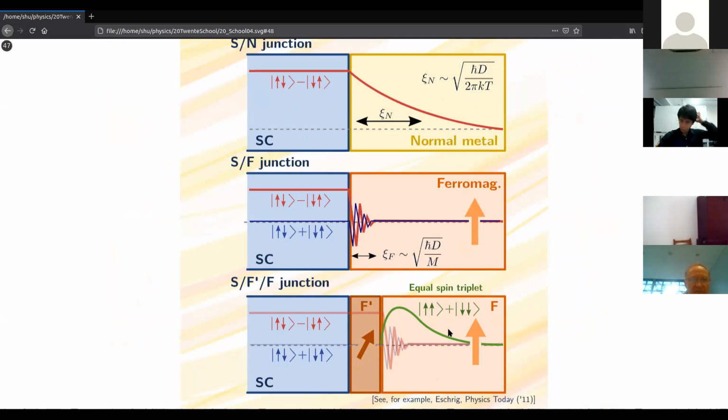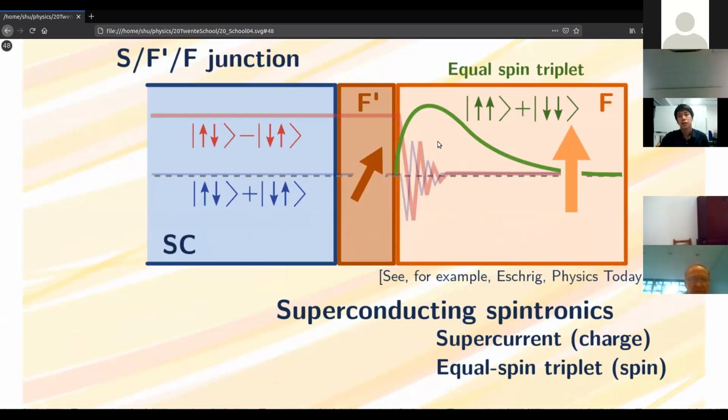ξ_N. Since this Cooper pair has the spin degree of freedom, this equal-spin triplet pair is expected to be applied for so-called superconducting spintronics.